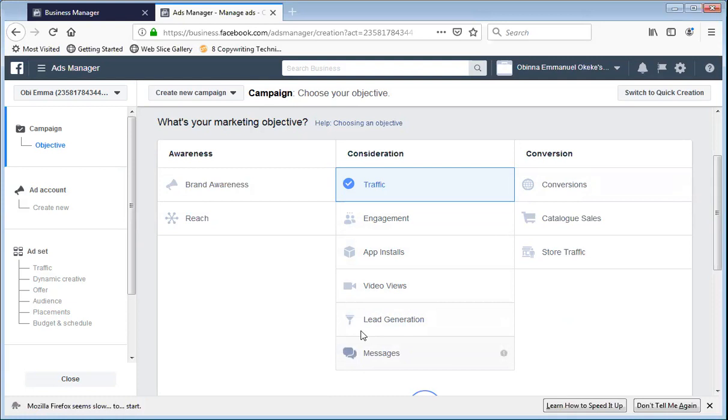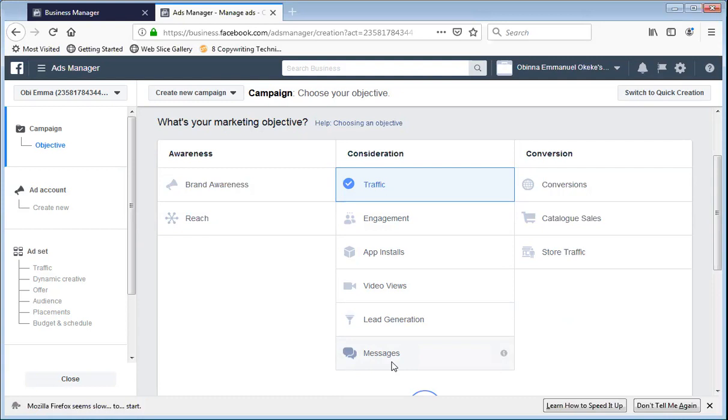Then under the consideration category, we have messages. So you are running an advert, you want people to engage you, to send you a message via your Facebook Messenger or via your WhatsApp account. So all you need to do, if you choose this as an objective, I've done this in the past. If you're using a WhatsApp account, you put a link to your WhatsApp account.